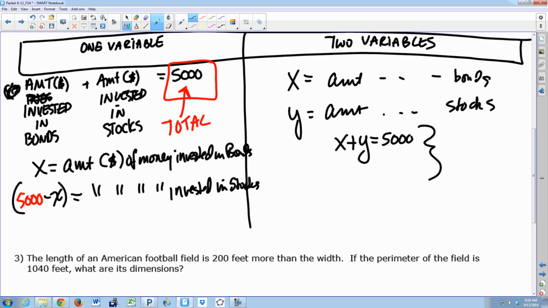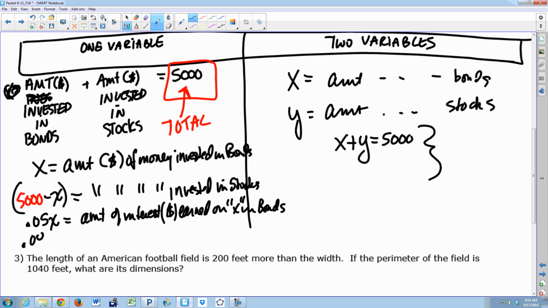So if you're working with just one variable, you would say 0.05 times X is the amount of interest in dollars earned on X dollars invested in bonds. And 0.08 times 5,000 minus X is the amount of interest earned on the dollars in stocks.